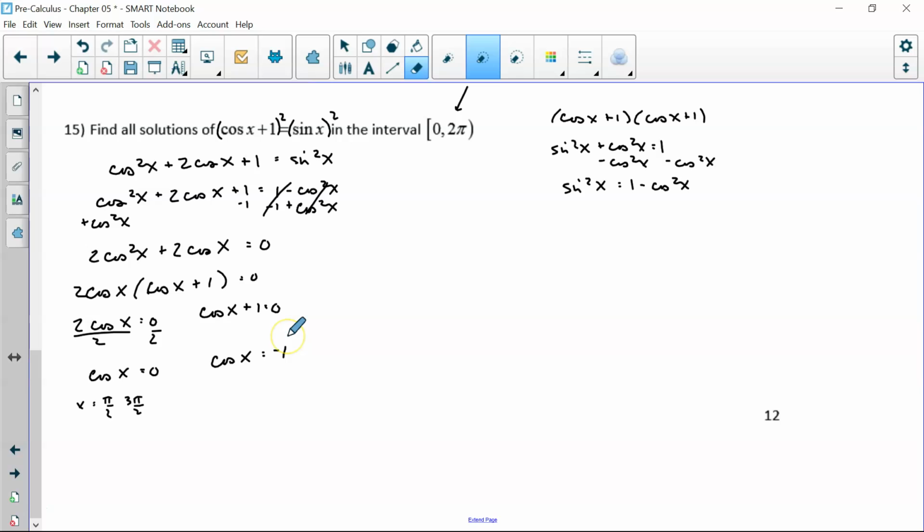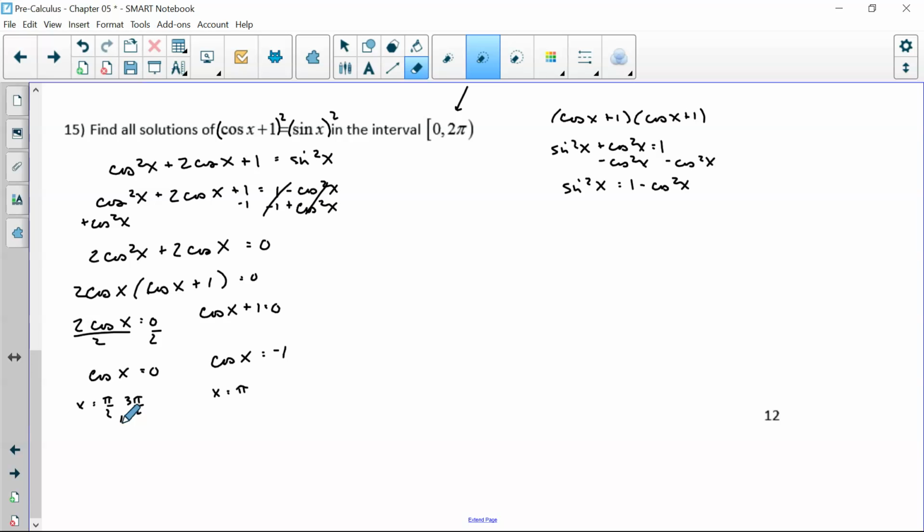And cosine of x is going to equal negative 1 at x equals pi. Now, there's our possible solutions. And I say possible because when we squared both sides, we introduced some potential error. We need to check for extraneous solutions here.